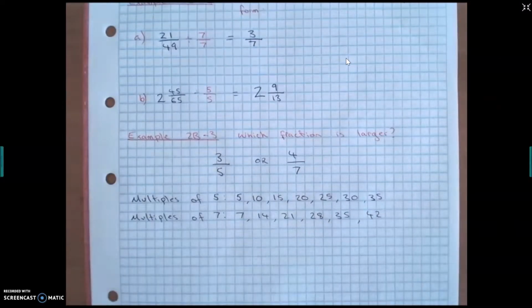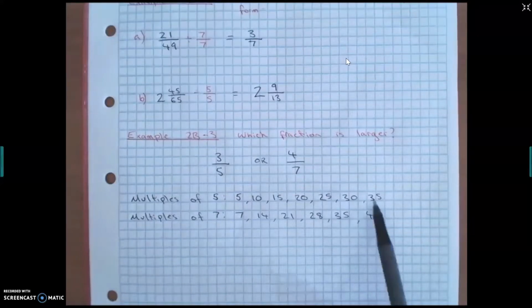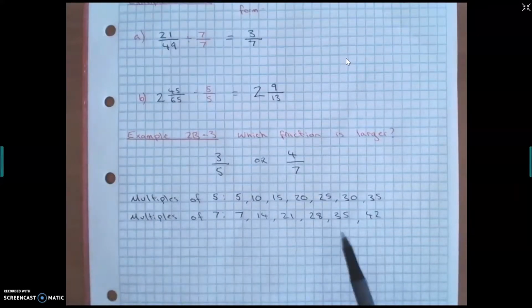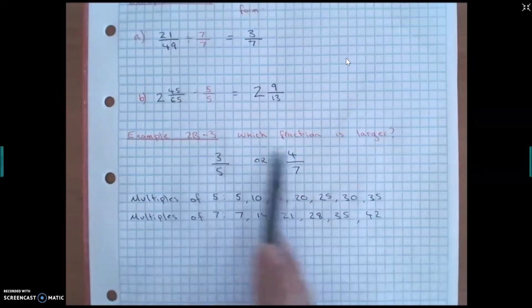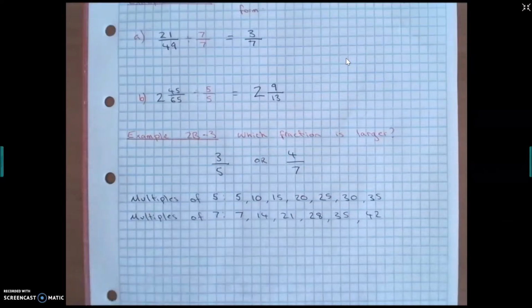Now, I can see that both 5 and 7 have a common multiple of 35. So I'm going to use that to find equivalent fractions for each of these, such that their denominator is 35.